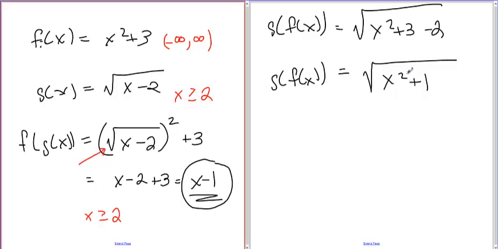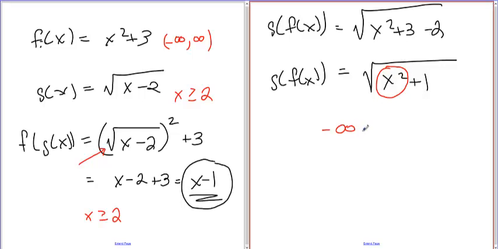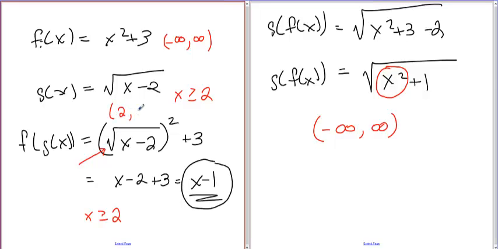And then over here, you can see, no matter what the sign of x is, when you square it, this will become positive. So this is always positive. A positive number plus 1 is always a positive number. So it doesn't matter what x value I use here, I'm still going to have an expression that I can evaluate. So this one has all real numbers. And again, I could have written this as 2, comma, with a square bracket, comma, positive infinity. Same down here, 2, comma, infinity, like that.